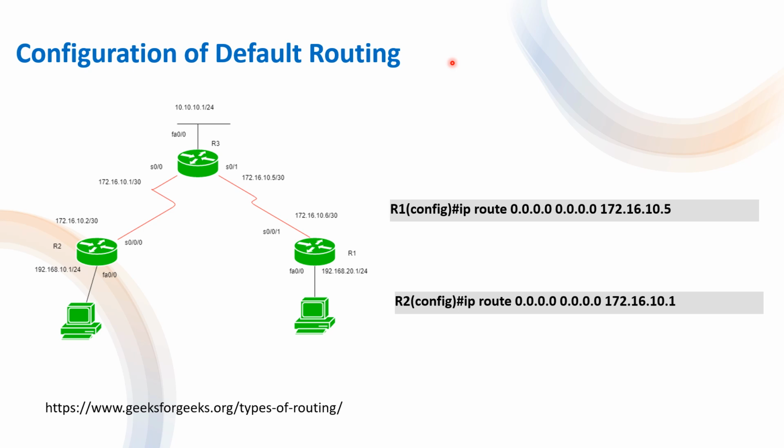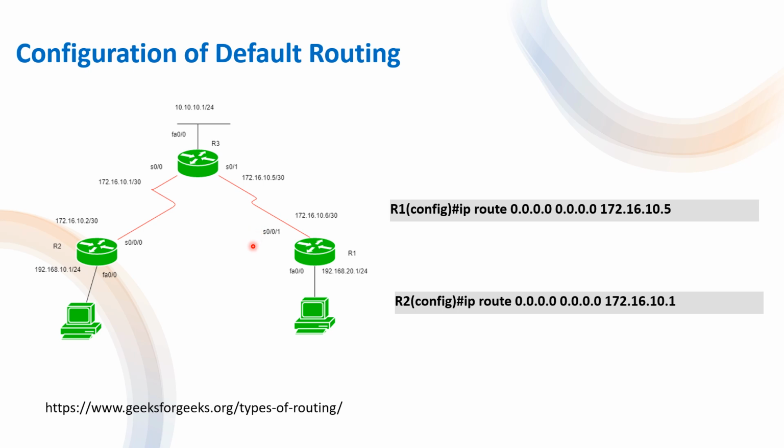Now let us see the configuration of default routing. In this topology, routers R1 and R2 are the stub routers, so we can configure default routing for both of these routers.